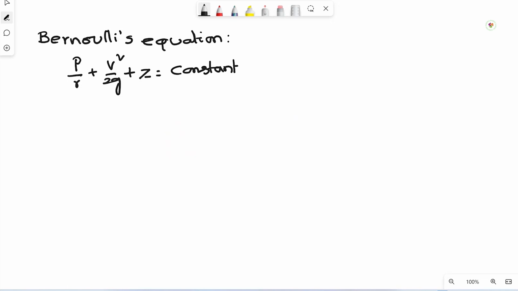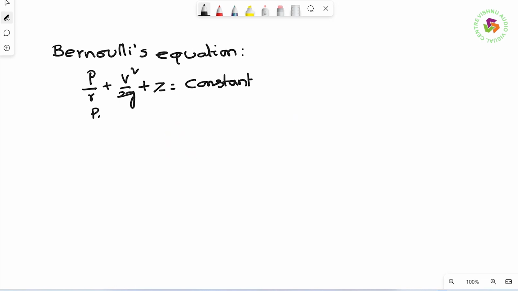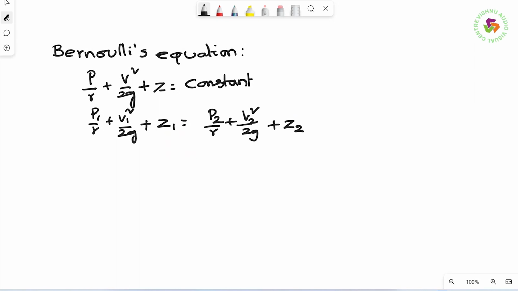Then if you are applying Bernoulli's equation between 2 points, then P1 by gamma plus V1 squared by 2G plus Z1 is equal to P2 by gamma plus V2 squared by 2G plus Z2.